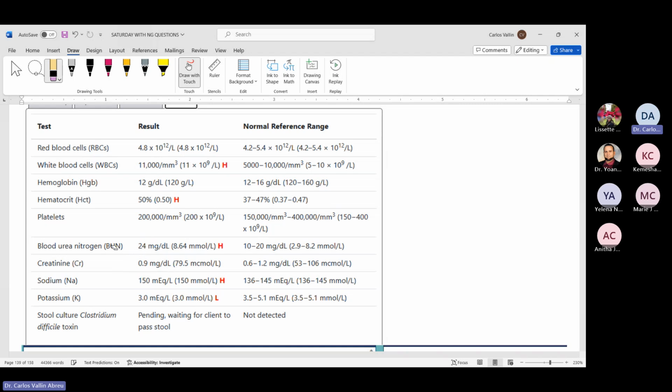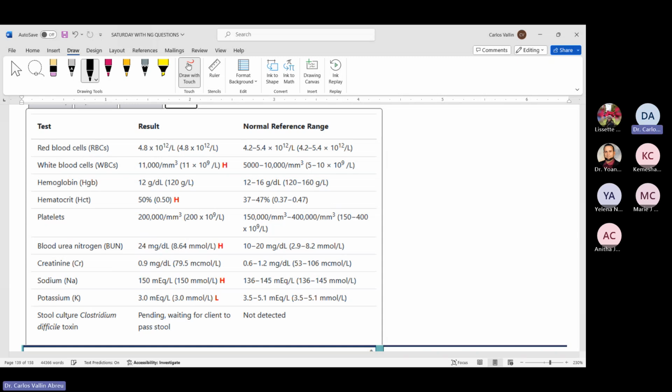So we have two parameters plus the clinical story to think of dehydration. Sodium 150, a little high, could be compatible with the loss of water. Potassium 3, low, because the intestinal liquid diarrhea produces a lot of hypokalemia.